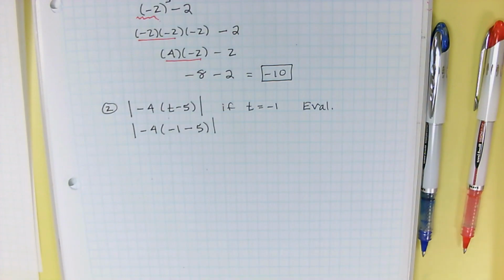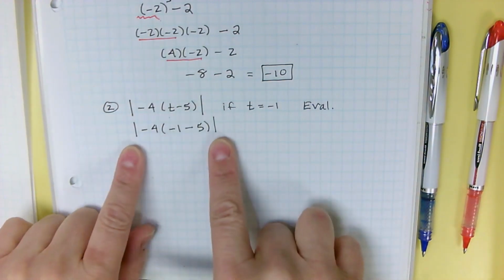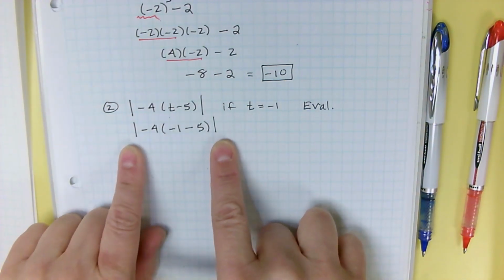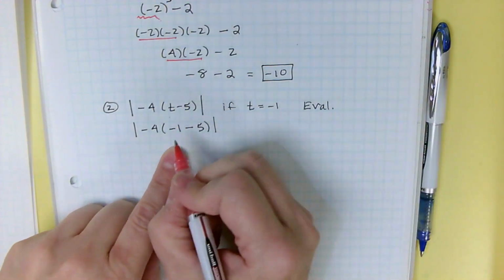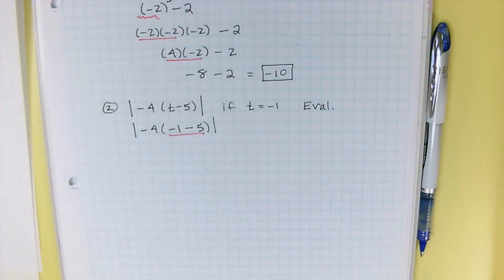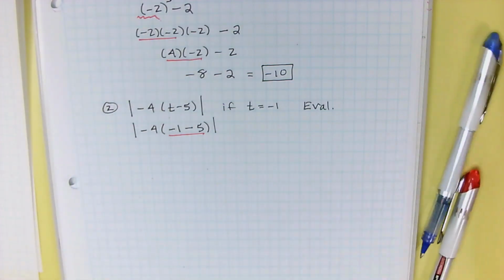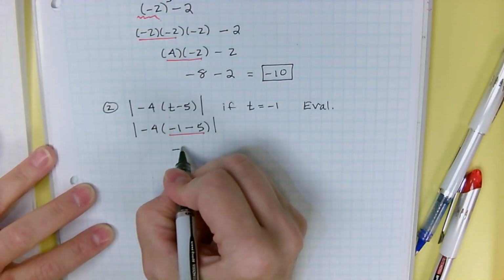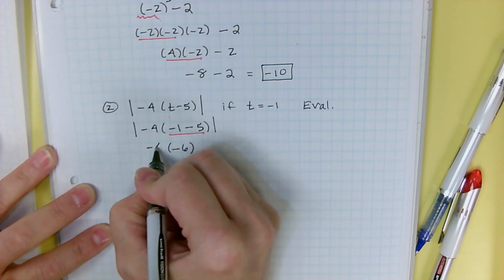Okay, so now we've subbed in. Now, order of operations, you go to the most inside pair of grouping symbols. So absolute value bars are grouping symbols, but you're going to go to the ones inside that, which is here in the parentheses. You're going to do that first because it's inside the parentheses. So negative 1 minus 5 is negative 6.